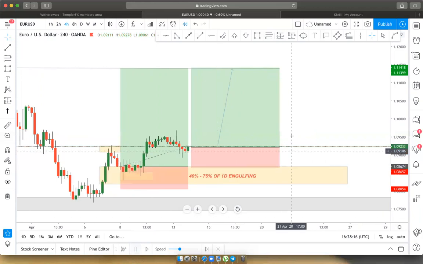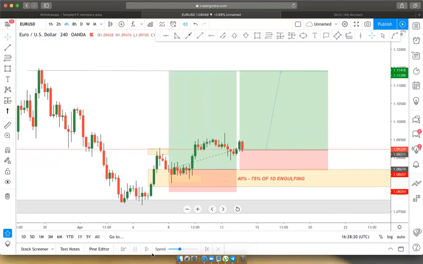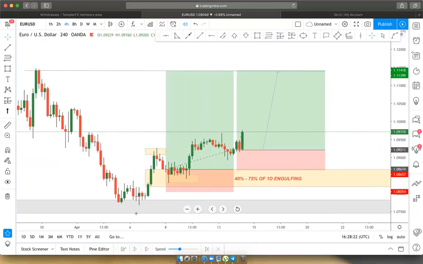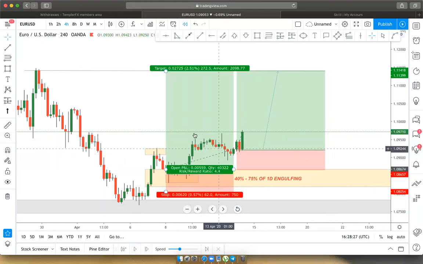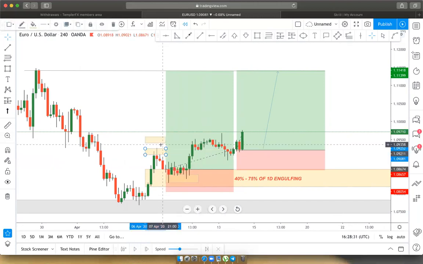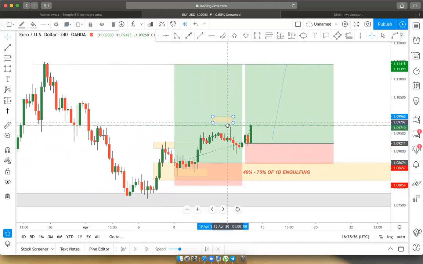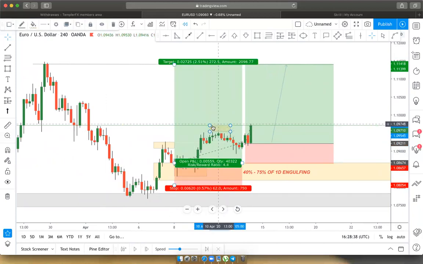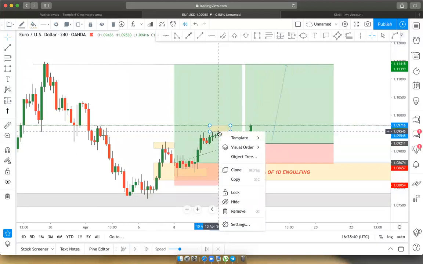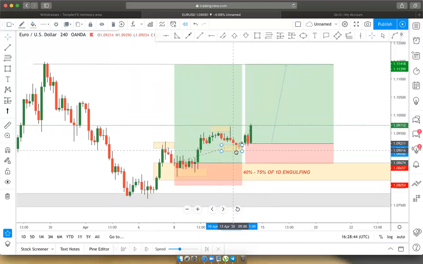So we see here what the market is doing. The market managed to find the newest higher, which is this one. The market managed to find new higher points, and then the market came all the way down to find the higher low, which is this one.